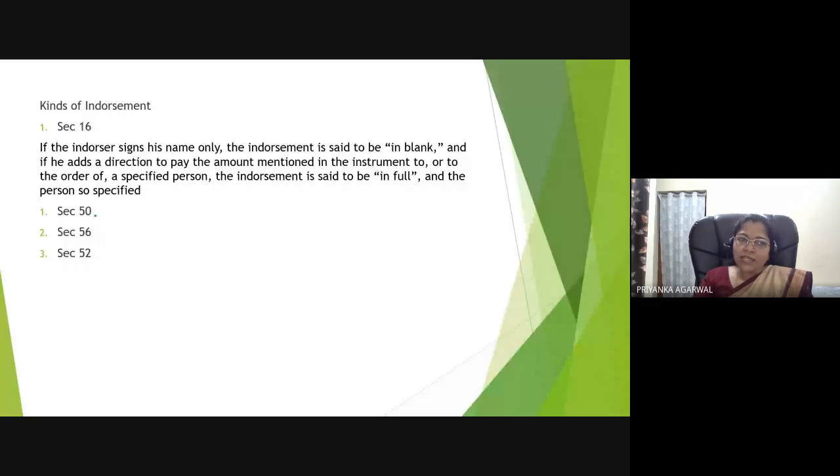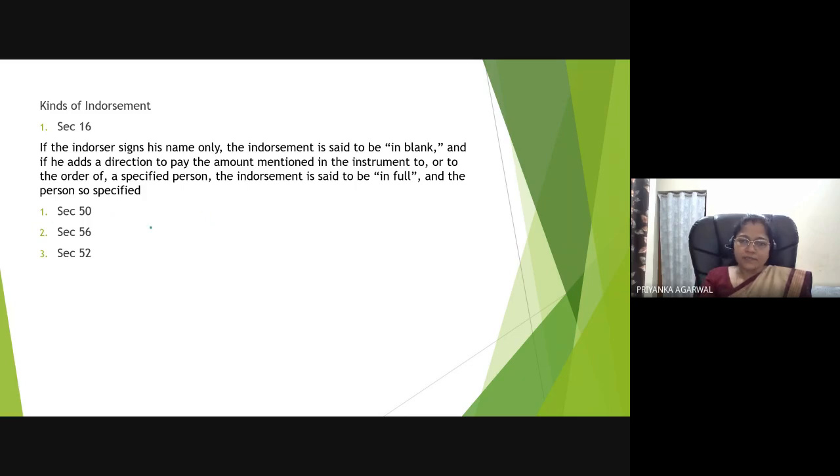Or if he mentions the specified person or to the order of that specified person, then also the instrument can be further endorsed. So when the name is mentioned, it is called a full endorsement, because the person whose name is mentioned in the instrument has the right to endorse it further.